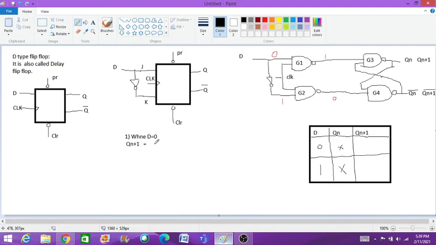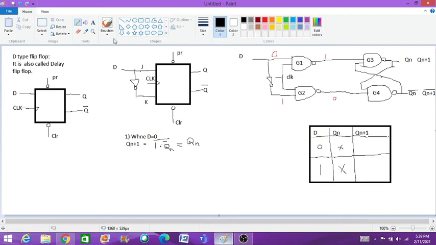Qn plus 1 is the output of G3. So one input of G3 is 1 dot, the second input is your Qn bar, and it is passed through the NAND gate, so it will be bar.